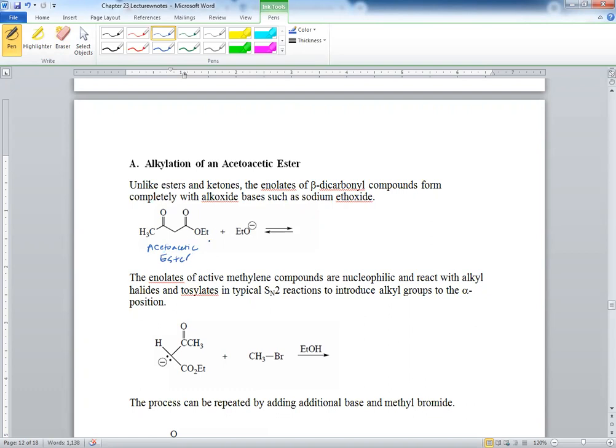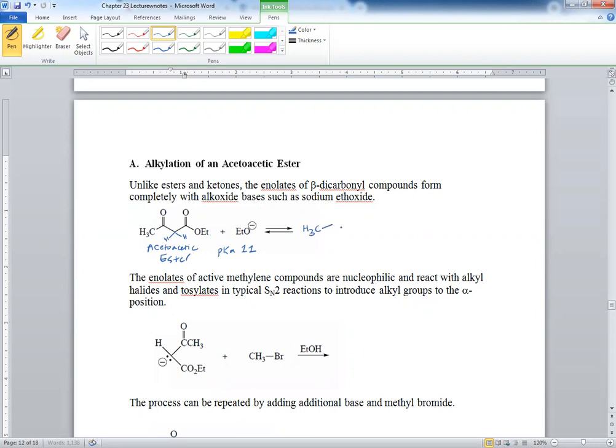So you have an ester right here, and an acetyl group. Now the pKa of this is around 11. We need to write that down. This is important. When the reaction takes place, you have an H here. You have two of them, but we're going to remove only one of them.